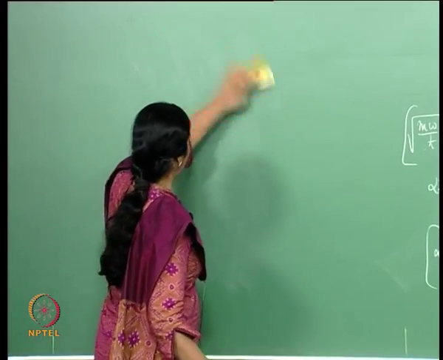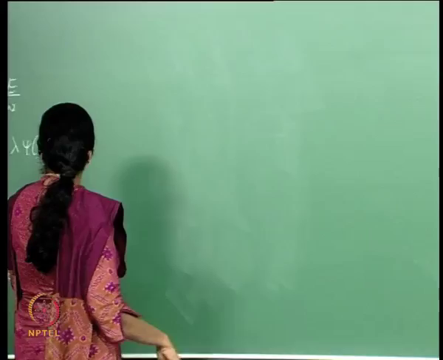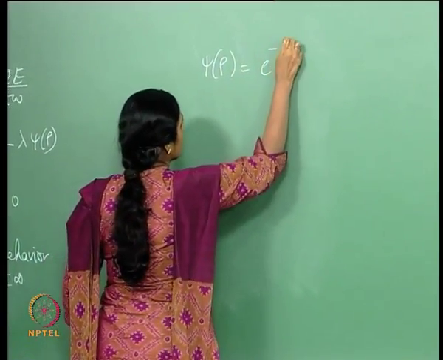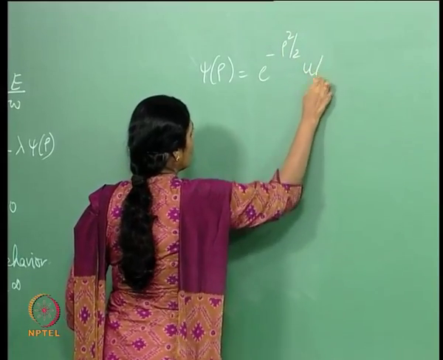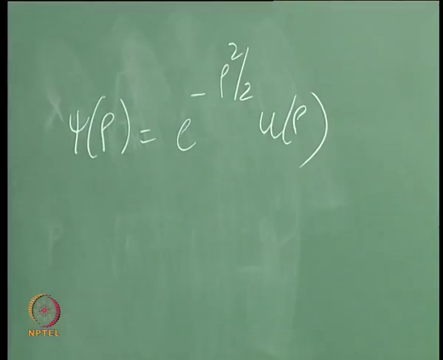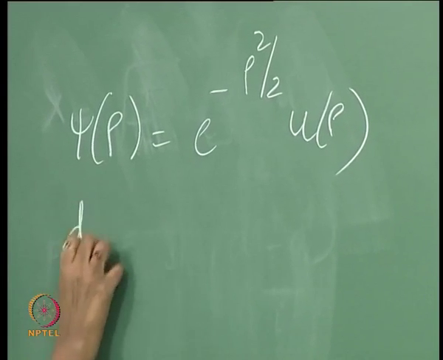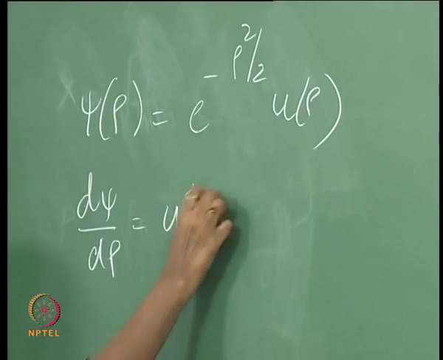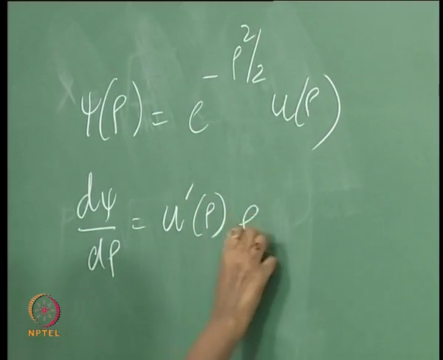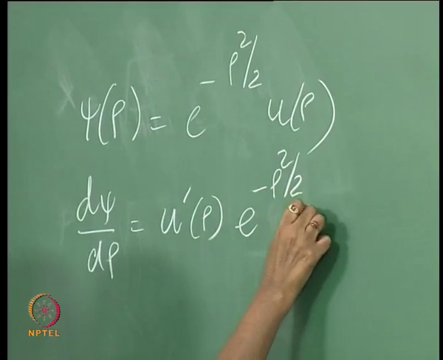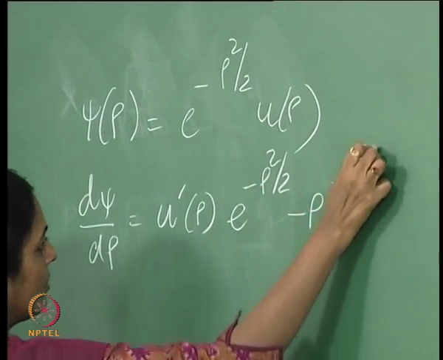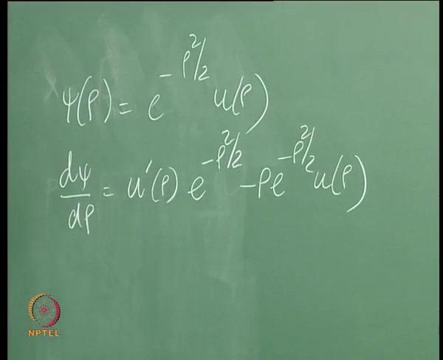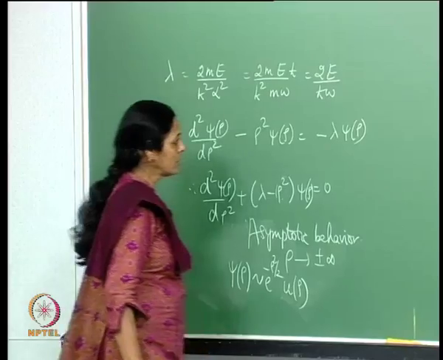So that means the following. Let me write psi of rho as e to the minus rho squared by 2 times u of rho. So that means d psi by d rho involves u prime of rho, the first derivative of u with respect to rho, that is psi prime, but I need psi double prime of rho.